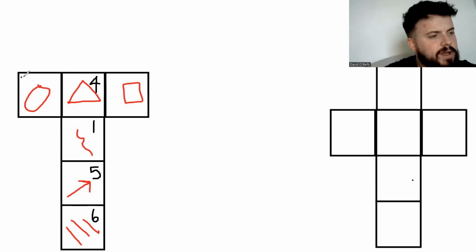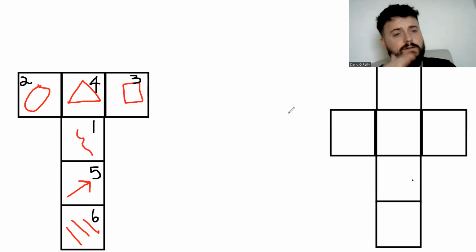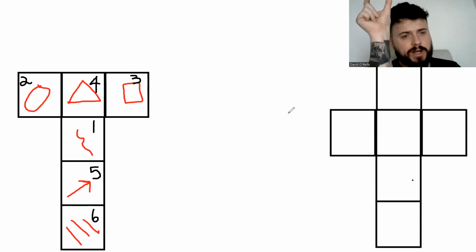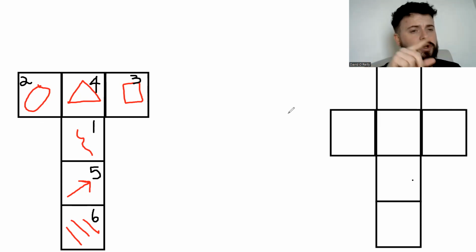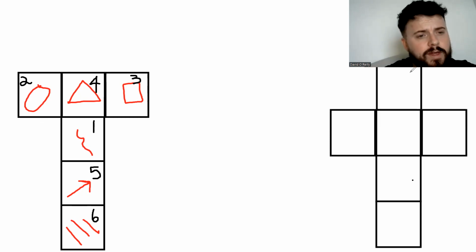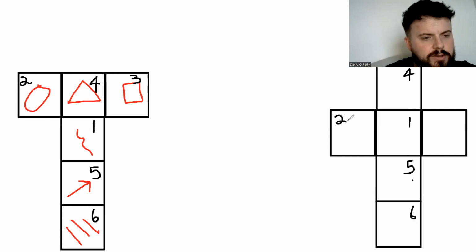And on the outsides, we have number 2 and we have number 3. So 4, 1, 5, 6 going down the middle, 2 and 3 on the outsides. It's exactly the same for this net. So 4, 1, 5, 6, and on the outsides we have 2 and 3.